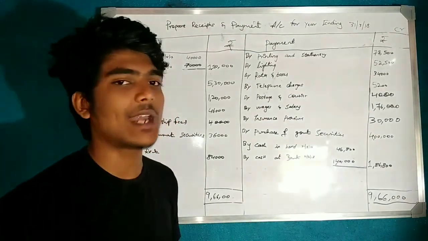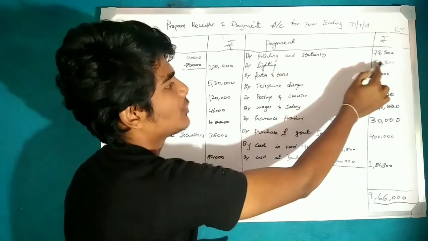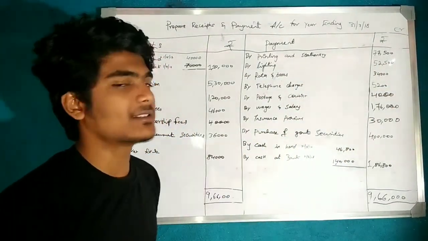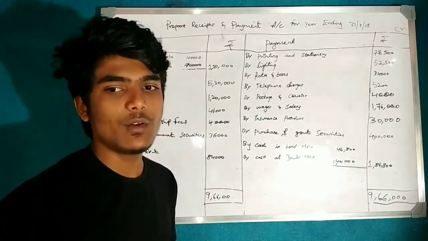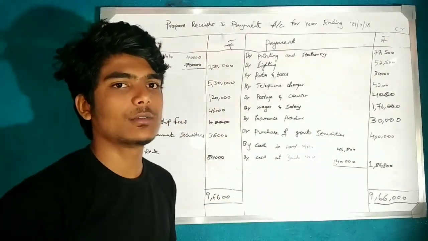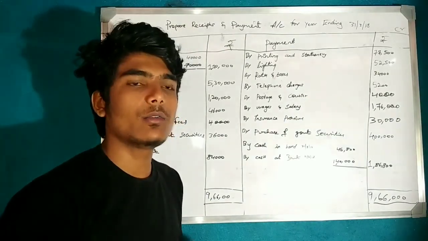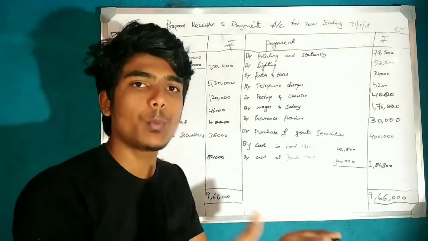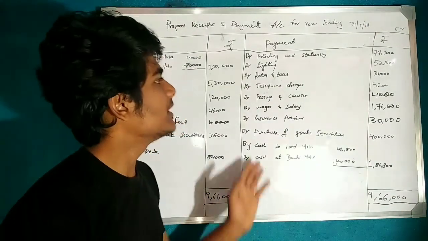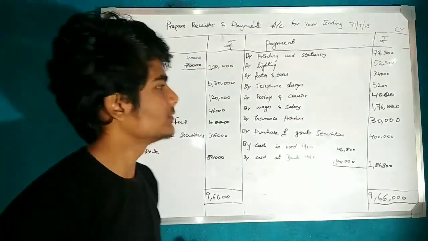So it belongs to the credit side of payments. It's rupees 52,500. By rates and taxes. What is rates and taxes? In an organization, for maintaining the organization, you have to pay rates and taxes to the government, right? It belongs to the credit side, is rupees 34,000.